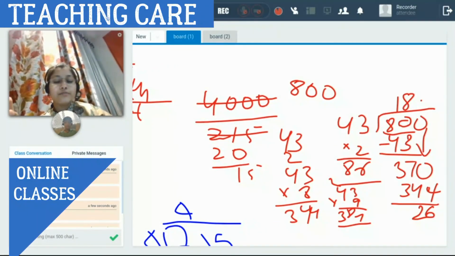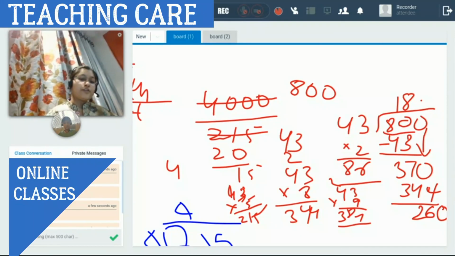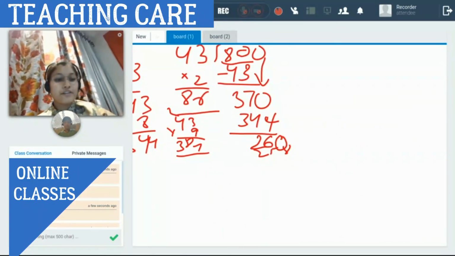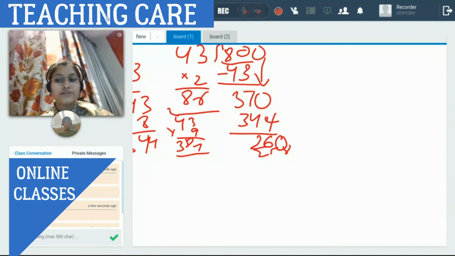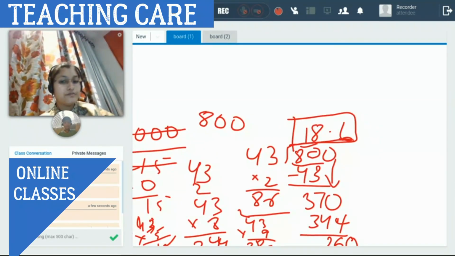So I will place a decimal over here and have a 0 over here. In a similar way, 43 into 5, 215. 43 into 6, 258. I can go for 6. 258. Still I am having a remainder, but my answer is okay up to 1 decimal place, so I will take 18.6 as my answer.